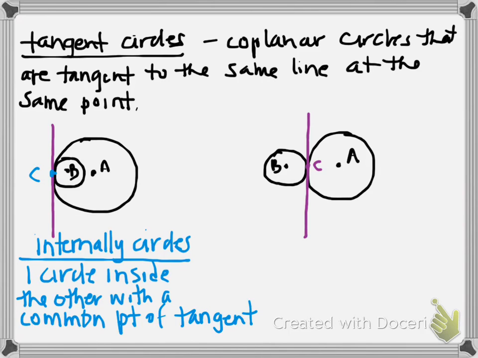The line AC would be perpendicular to the tangent line that C is part of, and then BC would be perpendicular to that as well. So then they should be one continuous line, okay? So these are external, oh, I forgot a word here, didn't I? Externally tangent circles. That was internally tangent, and these would be externally tangent circles.